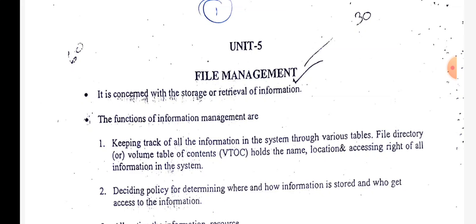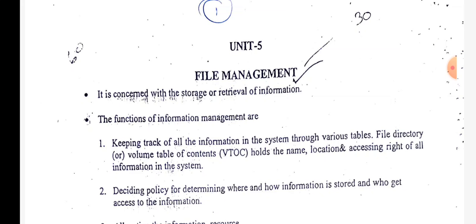So we know very well that operating system is a system software acting as an interface between computer hardware and a computer user. In the operating system software there are many software modules.